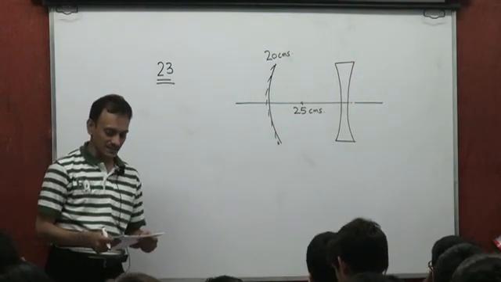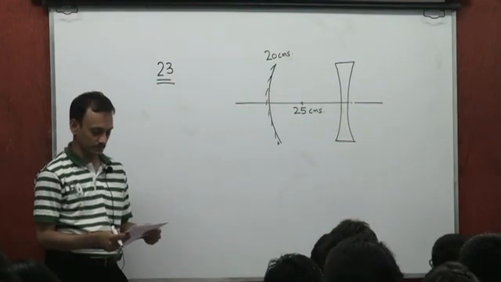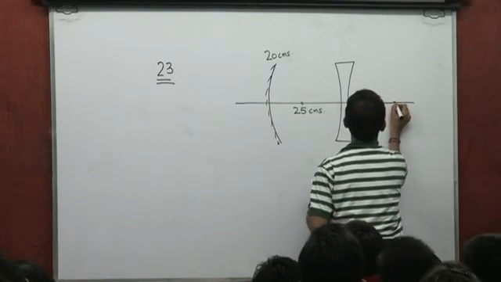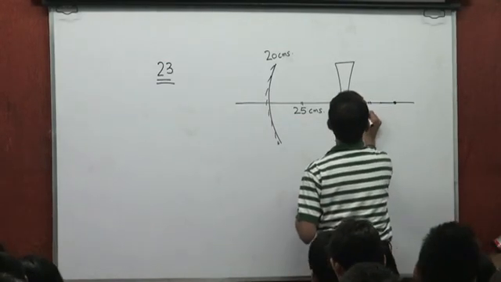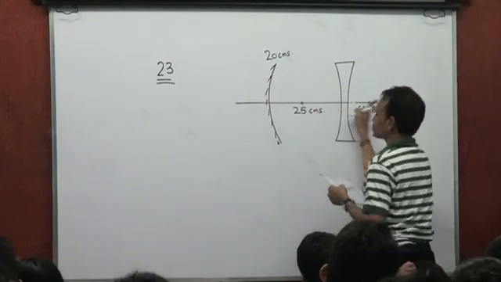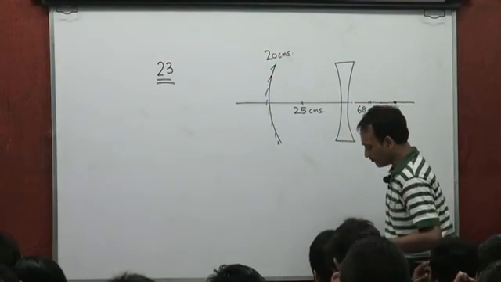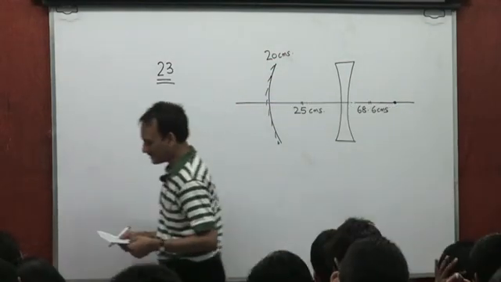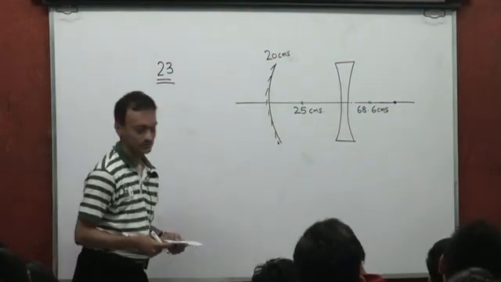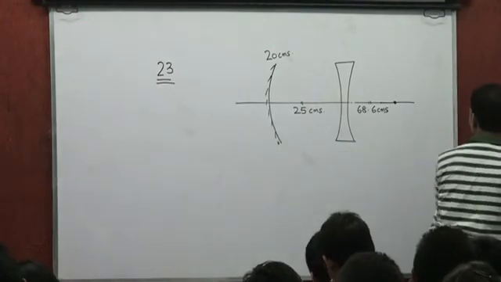A pin placed 68.6 centimeters in front of the lens. I mean, if this is behind, then I should regard this as in front, right? Forms an inverted image by the lens mirror combo coinciding with itself. Alright. Calculate the focal length of the lens.